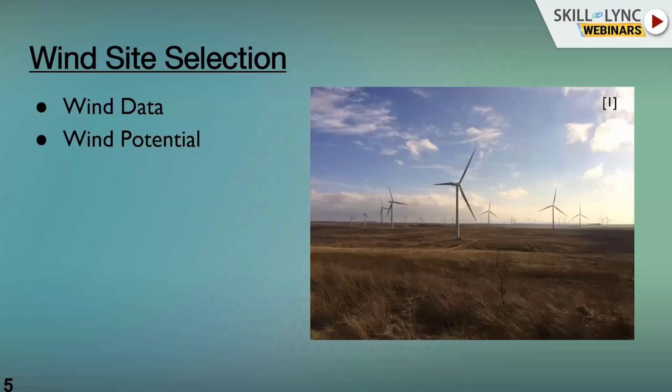We have to analyze the wind data for the particular site and determine the wind potential. In some cases, after installing the turbine, the generation is affected. To avoid this, wind site selection and analyzing the wind resource potential are important.